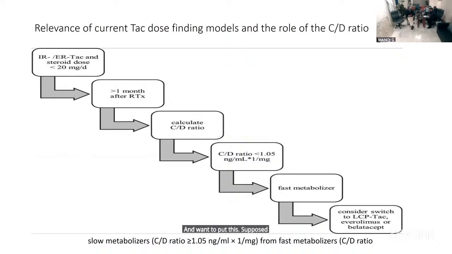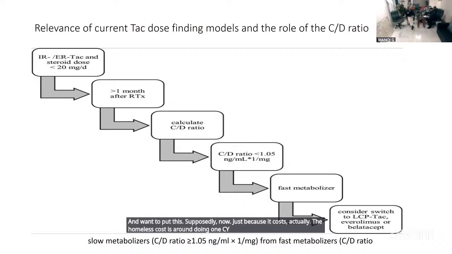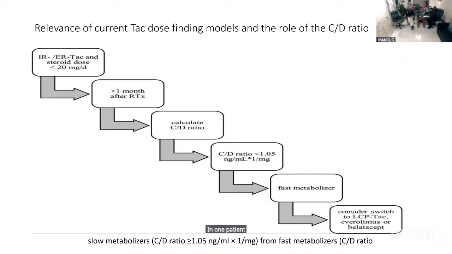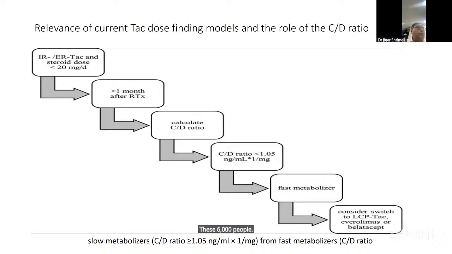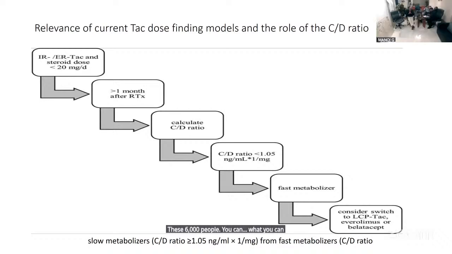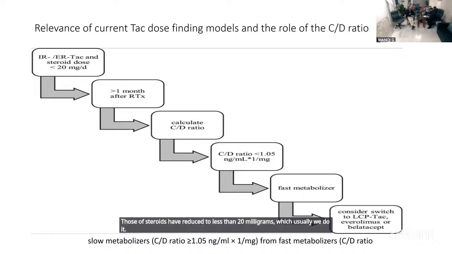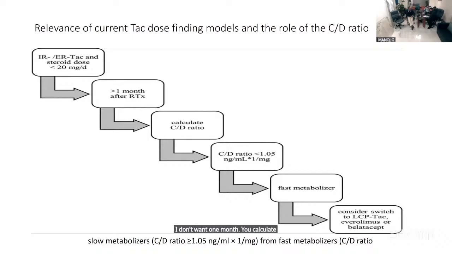Just because of the cost, doing one CYP3A5 level in one patient is around 5,000 to 6,000. If you do not want to spend these 6,000, you can do one thing. When your dose of steroids has reduced to less than 20 milligram, which usually we do around 1 month, you calculate the C by D ratio.